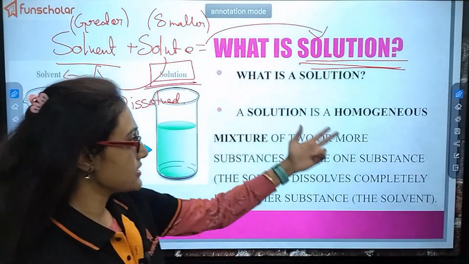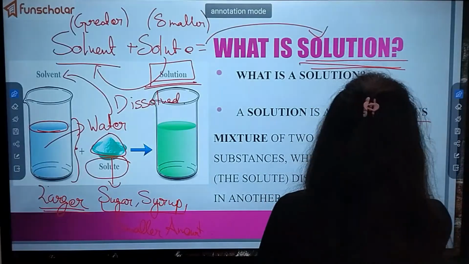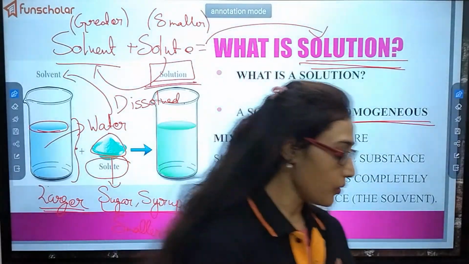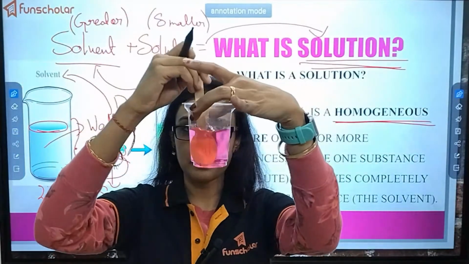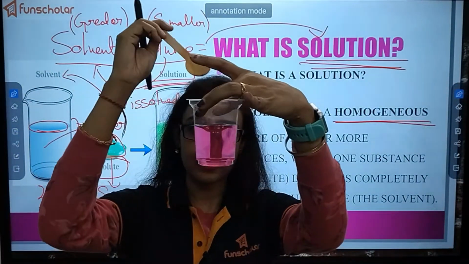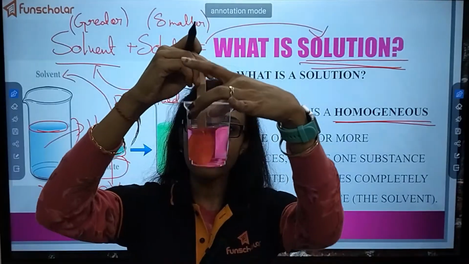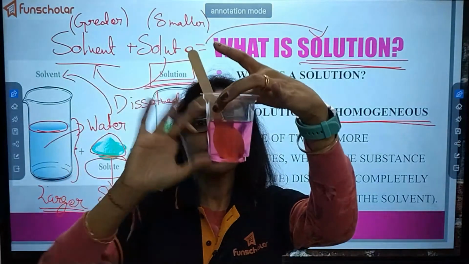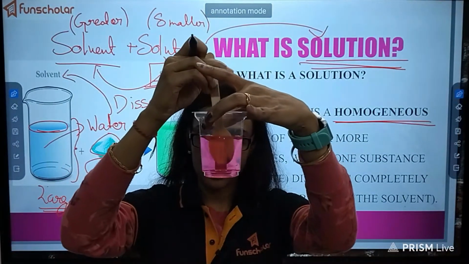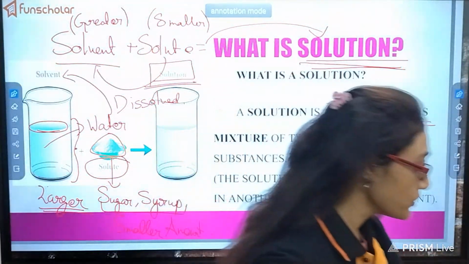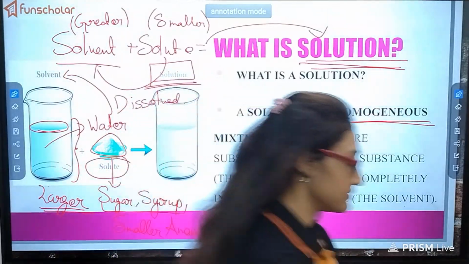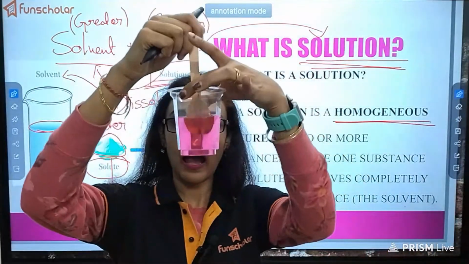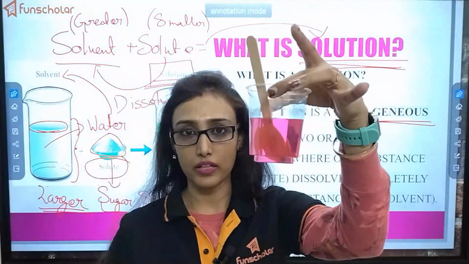A solution is a homogeneous. Homogeneous means when you are mixing two or three different substances, they are forming a clear or transparent solution. This is homogeneous. But suppose this spoon I am keeping inside the water.